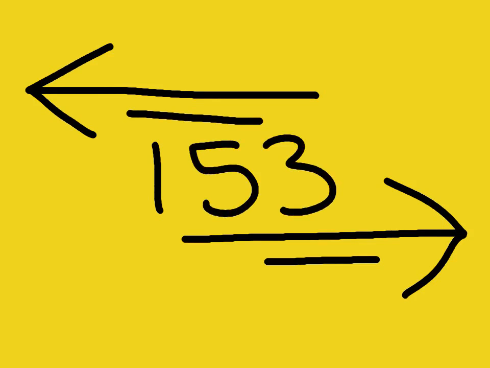There's a tennis player named Andy Roddick, and he broke the record for the fastest tennis serve ever. So he threw the ball up in the air and he hit it with his tennis racket, and it went 153 miles per hour. This was during a championship match on June 11th, 2004.